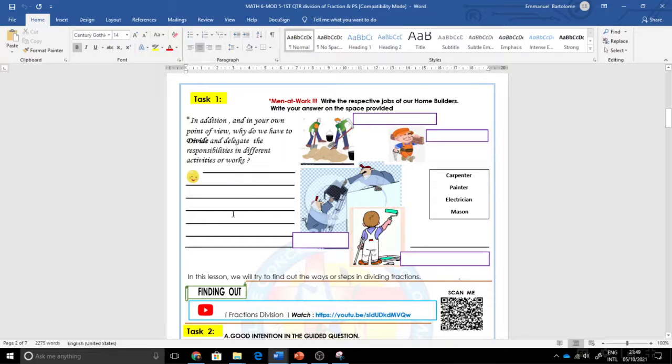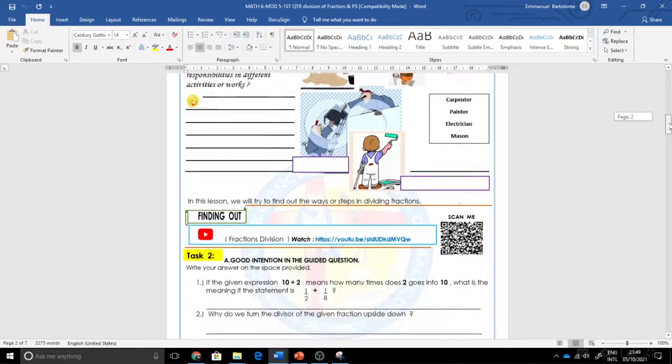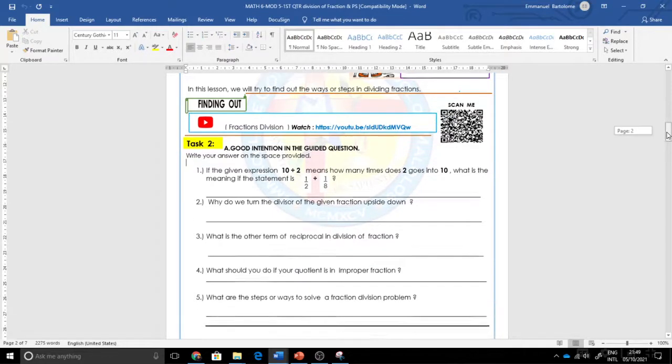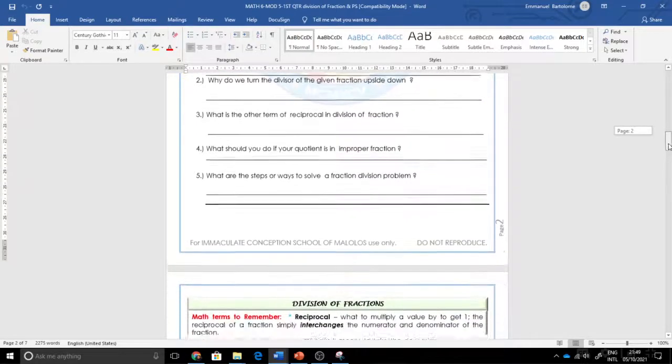Why do we need to divide the work among different people? What could be the reason? So what does this one do? The one working in construction. Then this one does the work. What is their work? You could look for their work inside the box. So there are 4. In finding out, you could scan the QR code or type this link and answer the guide questions below, 1 to 5.